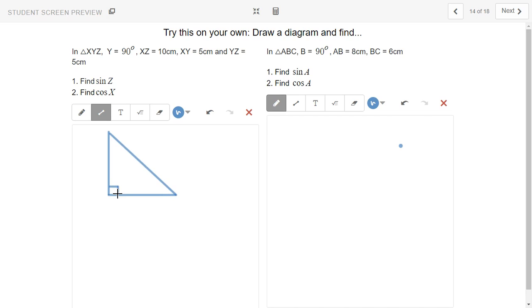I know that there's a 90-degree angle, and they've told us that 90 degrees is labeled as angle Y. Angle X and Z, we'll just place at one of the other two angles.